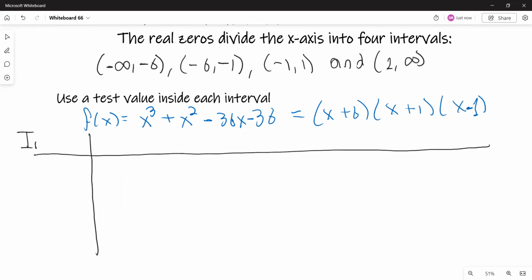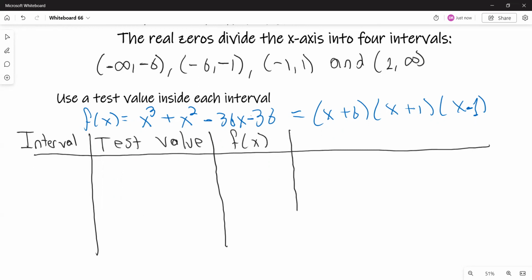In each interval, we are going to pick a test value. We are going to determine the value of f, the sign of the value of f, and finally, whether the graph is above the axis or below the axis.